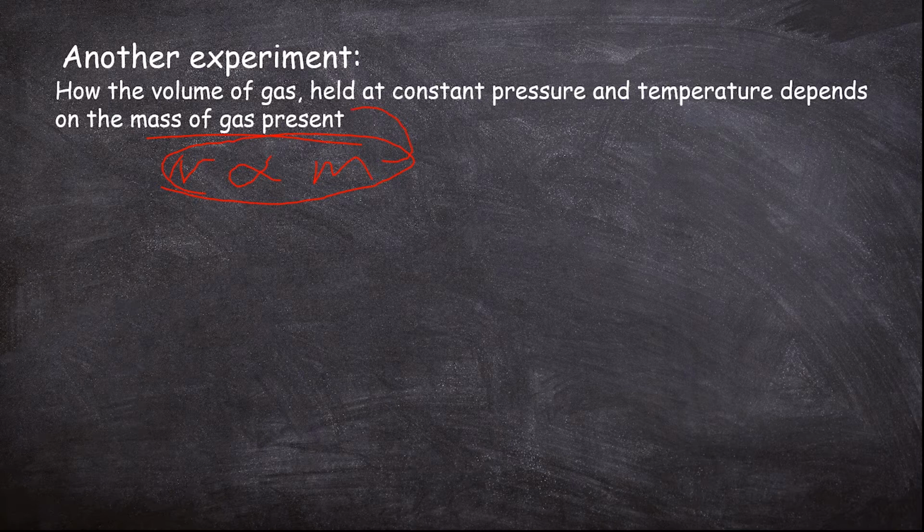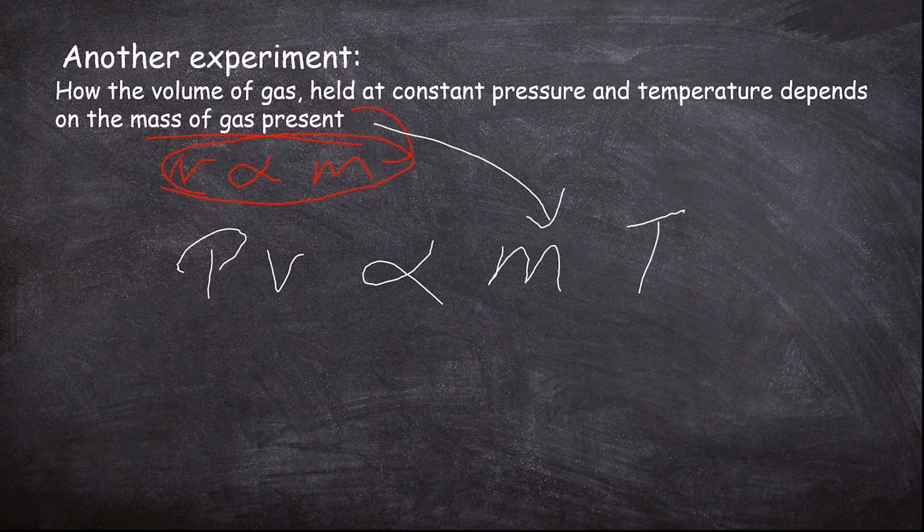So here is one relation: PV is directly proportional to mass times temperature. This is the mass of gas present, and this is the thermodynamic temperature. Don't get confused. So in another experiment we came to know that pressure times volume is directly proportional to the mass of gas present times temperature.